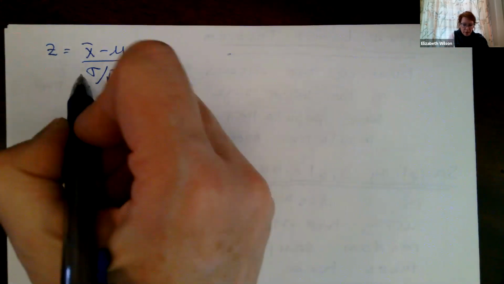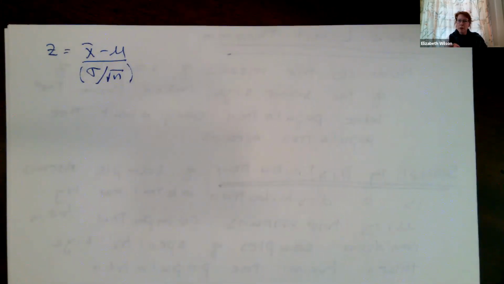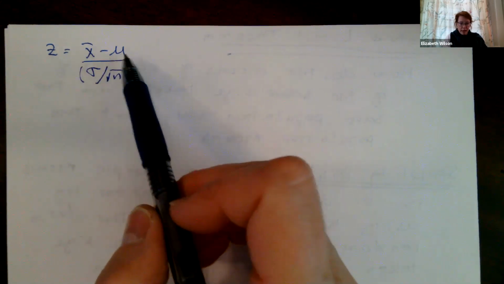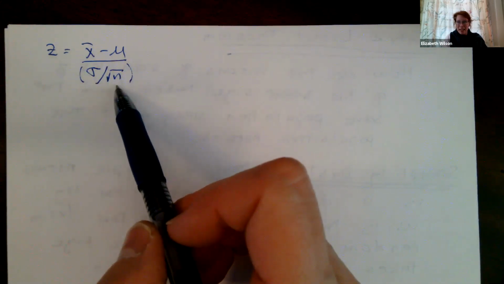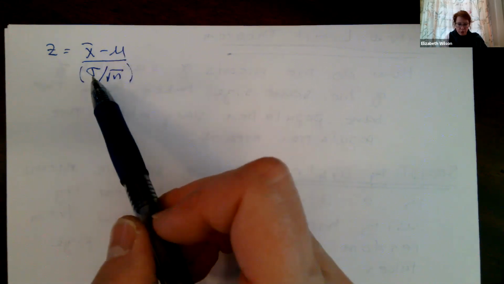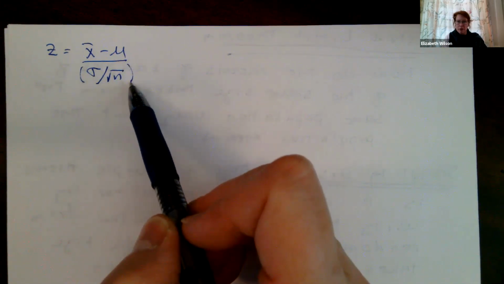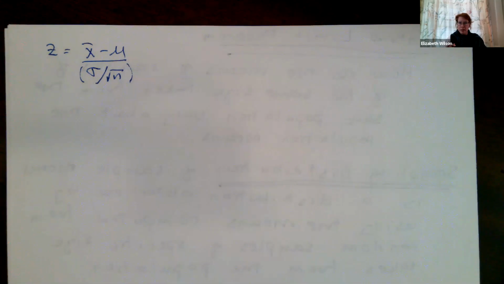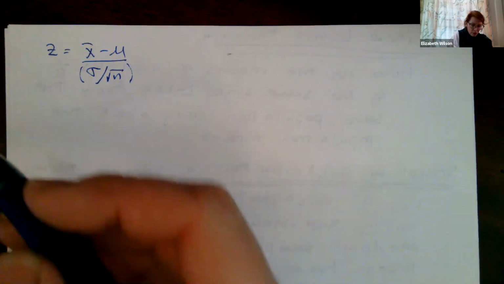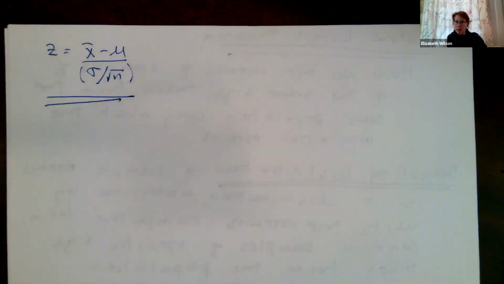So in the denominator itself, be careful about doing this on your calculator with the order of operations. I see often people get this mistake because they go x bar minus mu divided by sigma divided by radical n. But if you're going to do it all in one fell swoop, make sure you put parentheses around the terms in the denominator so your calculator gets the order of operations right. So this is the way that we're going to be calculating our z values to adjust for sample versus population.